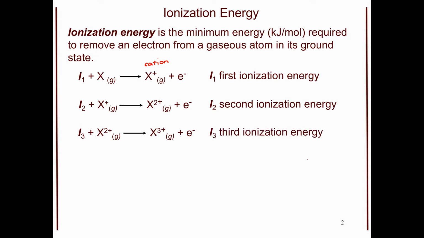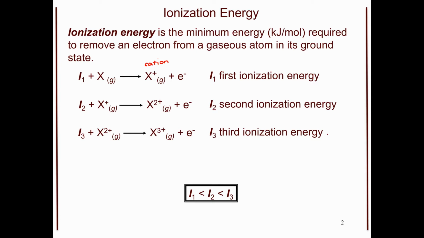The important trend, however, in ionization energy can be summed up right here, and that is saying that the first ionization energy is weaker than the second, than the third. But how is that possible? Well, as you can see here by this first ionization energy, I form a positively charged species.